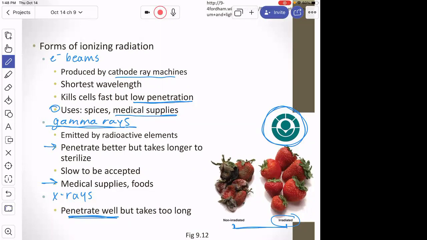So anyway, it has the potential, and for some foods it alters the flavor a little bit. That's definitely a drawback. And it does decrease, I think it's one of the B vitamins, just a little bit. So there are some drawbacks, but if it cuts down on foodborne illness and increases the shelf life, those are pretty good things. Like I said, it's slow to be accepted.